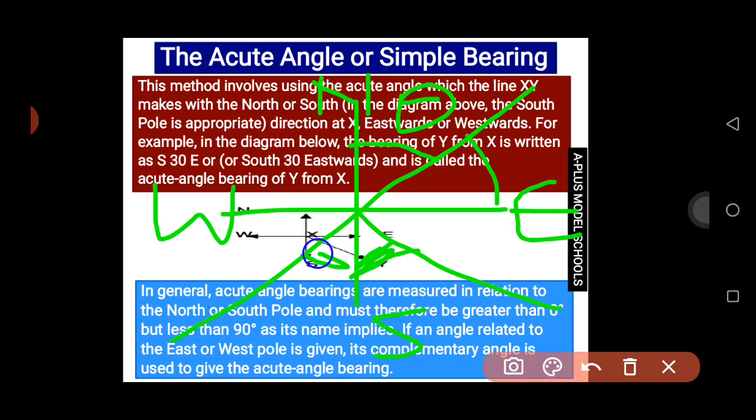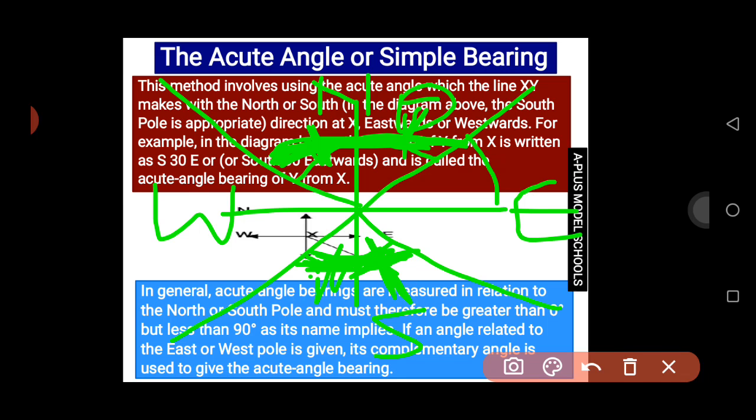When the angle it makes is with the south, these are the two angles that are acute angle bearing. And if I also have another one here, these are the acute angle bearings. So it is the angle that is made with either north or south. When you look at this angle very well, it is the angle with north. This angle too is with north. This angle is with south. This angle is with south.